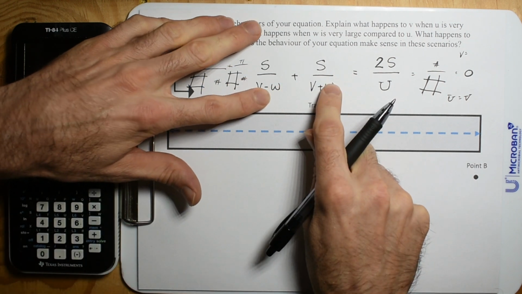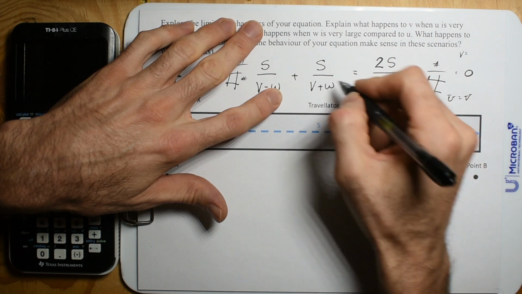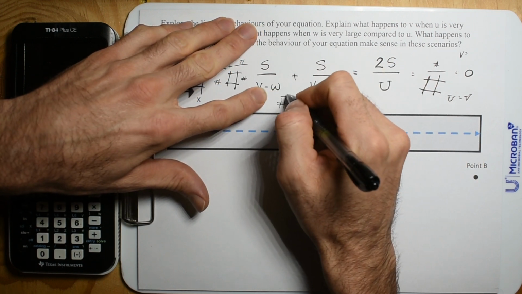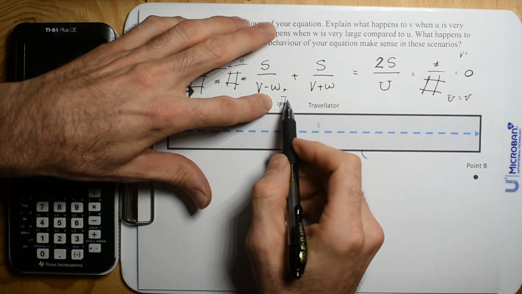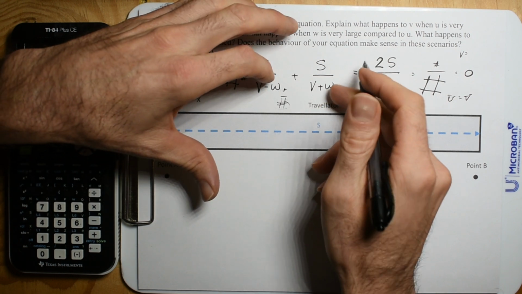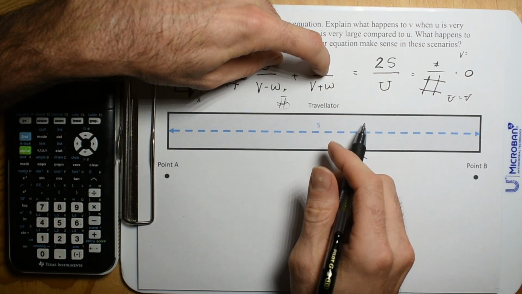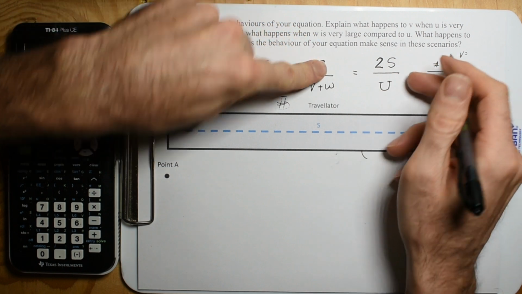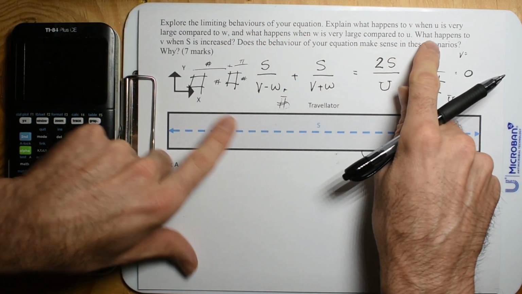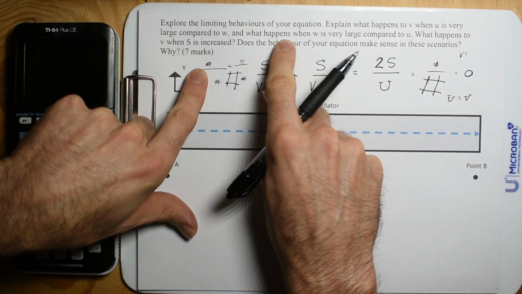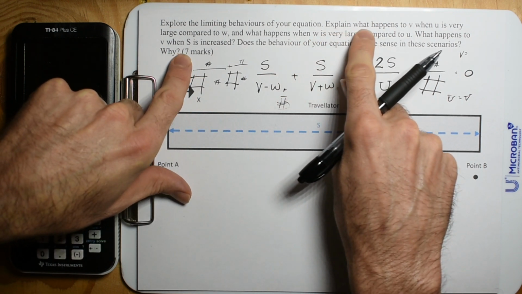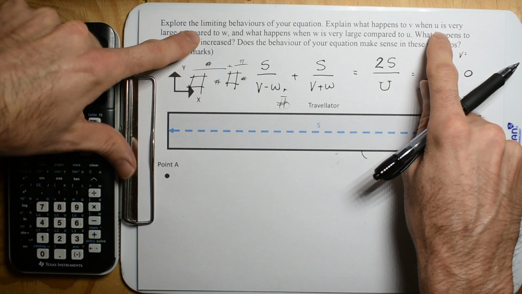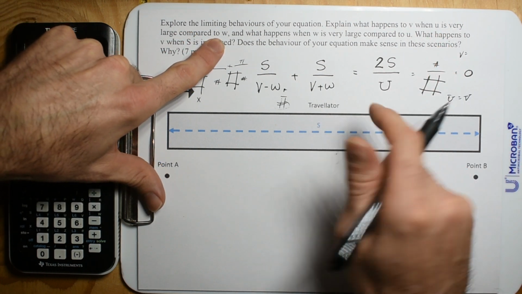Oh yeah, this is kind of fascinating. These essentially become something divided by a really large number, which is 0, and so what does it say? I should just read this. Explain what happens to V when U is very large compared to the travelator. Did that.